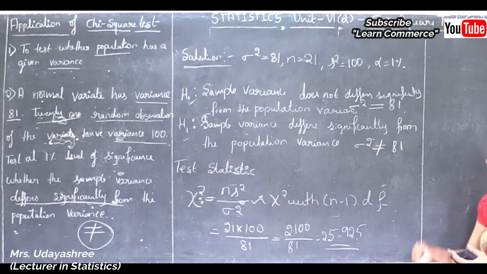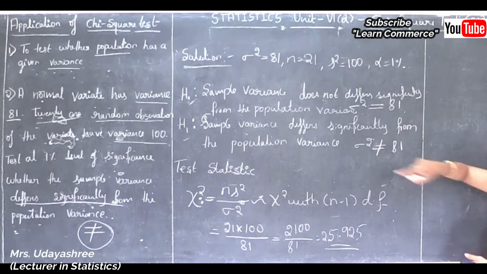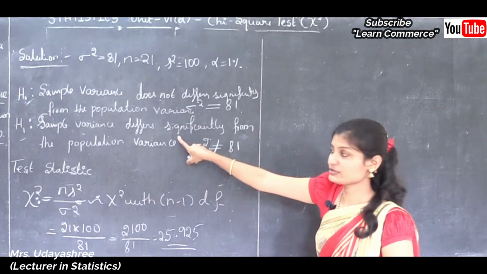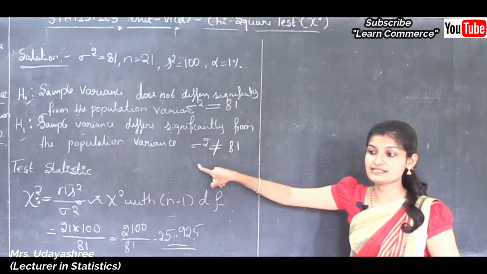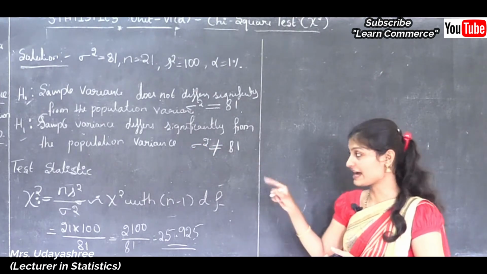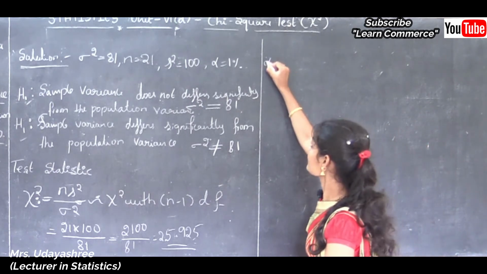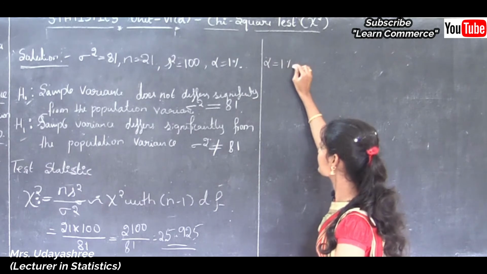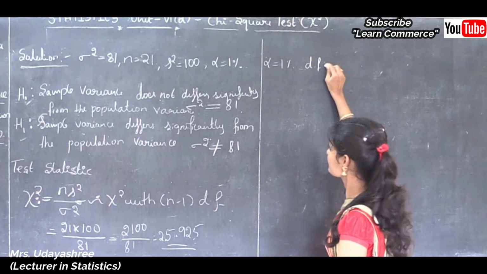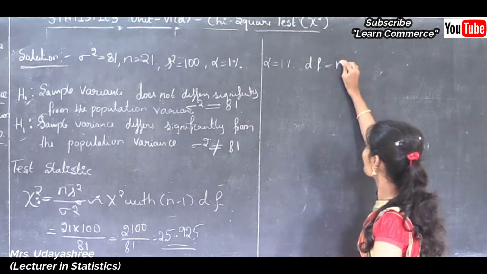Next, move to step 4, which is based on the alternative hypothesis, level of significance and degrees of freedom. Based on that, we can find the critical values. Here alpha, the level of significance, is 1%, and the degrees of freedom formula is n minus 1.